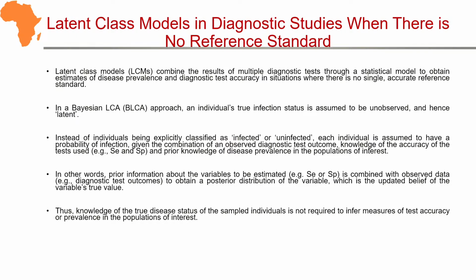In other words, prior information about the variables to be estimated, sensitivity and specificity, is combined with observed data, the results we get, to obtain a posterior distribution of the variable, which is then the updated belief of the variable's true value. Thus, knowledge of the true disease status of the sampled individuals is not required to inform measures of test accuracy and prevalence in the population of interest.